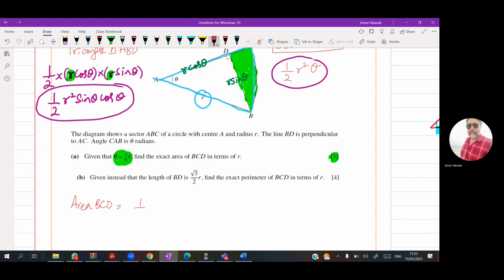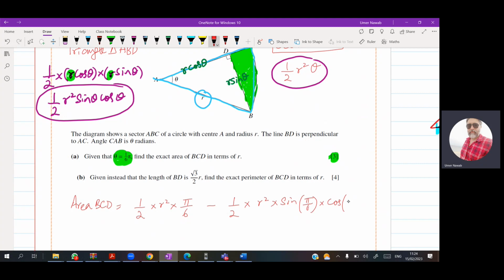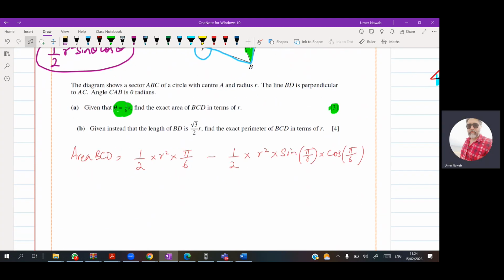Sector: half radius squared, theta is pi over 6, so this is the sector area, minus half radius squared sine of pi by 6 cosine of pi by 6. Okay, guys, can I combine any half, and this is 6 and this is pi?